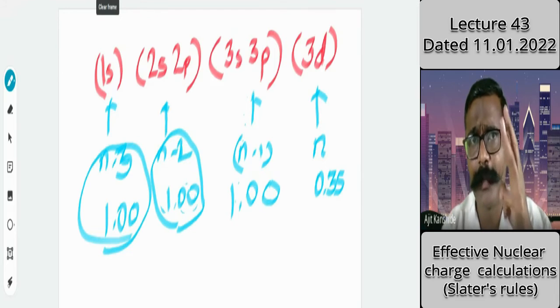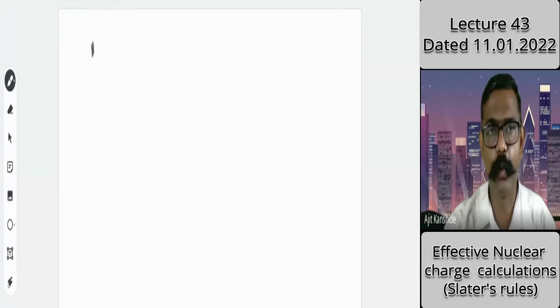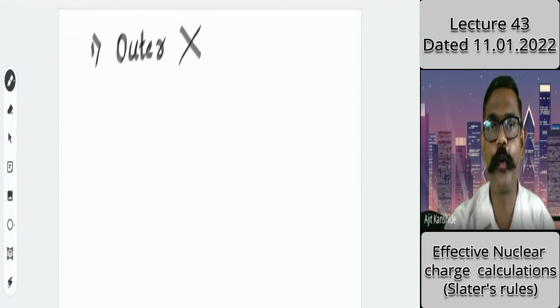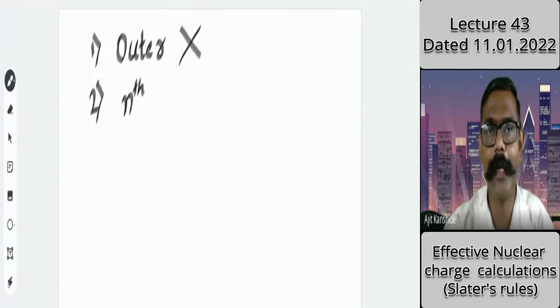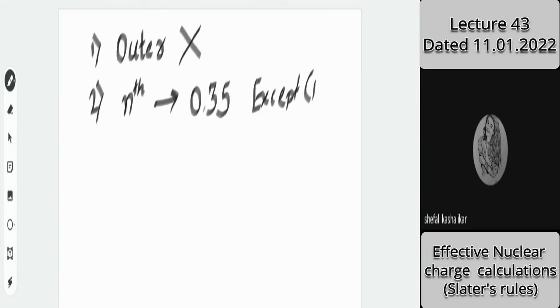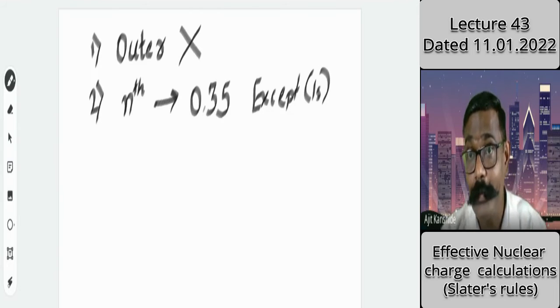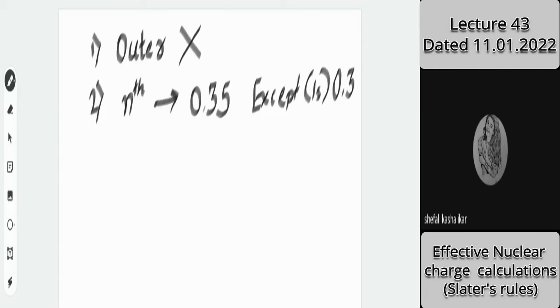I want at least 3 replies. Yes, sir. Good. See, rule number 1: outer electrons have no contribution for shielding. Rule number 2: electrons in the nth group will be with contribution 0.35, except, tell me, which is the exception? It is the 1s group. If the nth group is the 1s group, in such cases the contribution is 0.30.